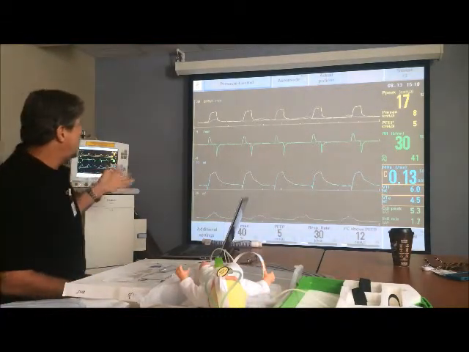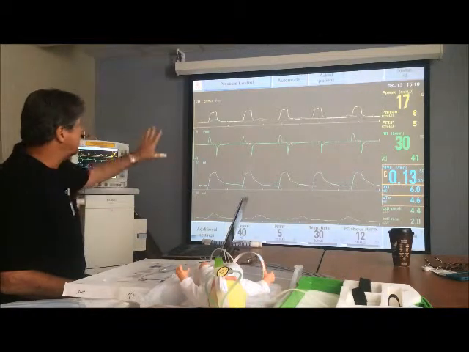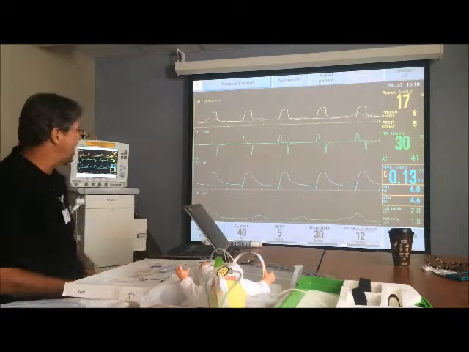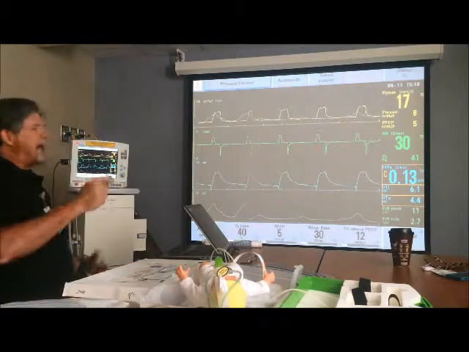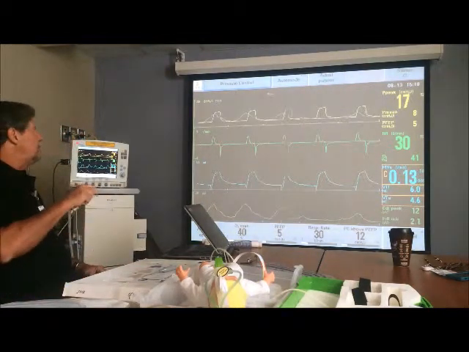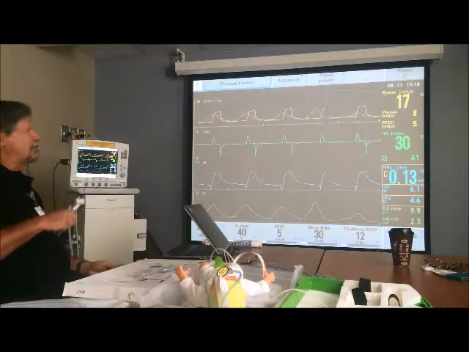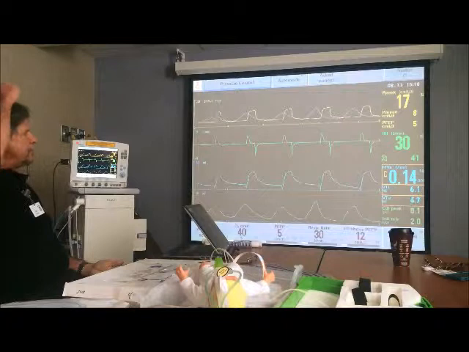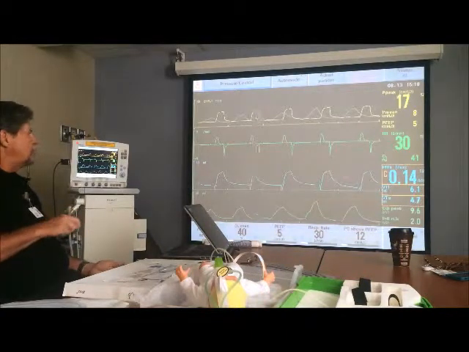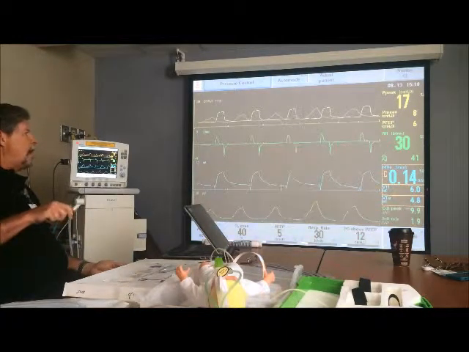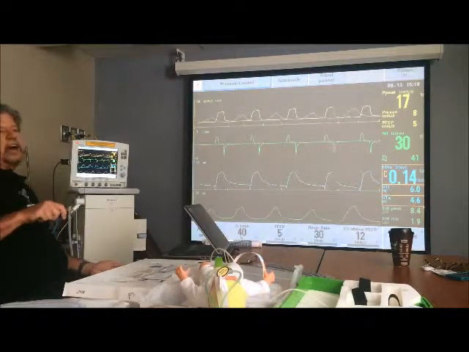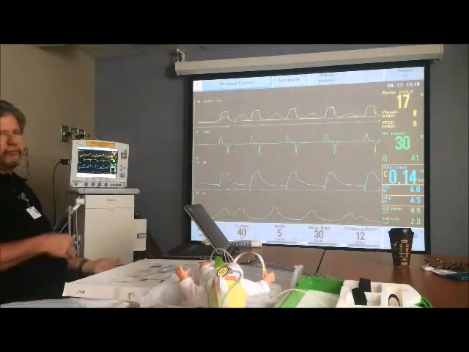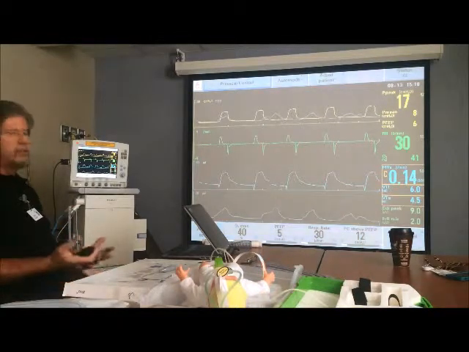So now we say, all right, we can't synchronize using the existing mode, so let's just use NAVA. The rationale might be, if I said, I don't like pressure control, let's go to volume control, the simple rationale would be to set the volume at about the same volume we're currently getting, because after all, the blood gases are reasonable, and for whatever reason we're going to this different mode.